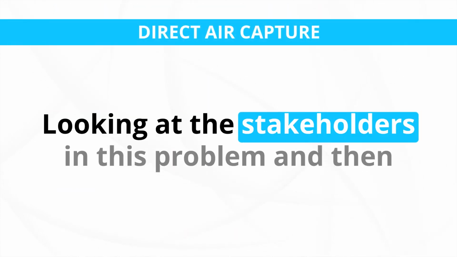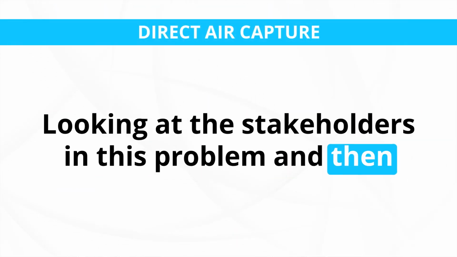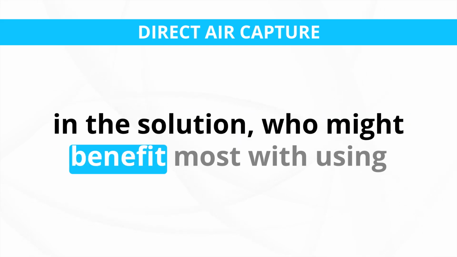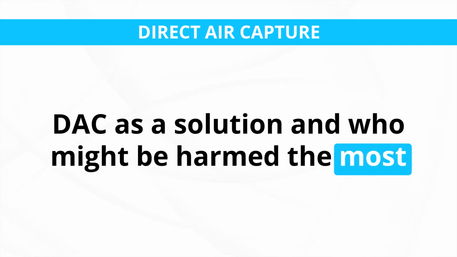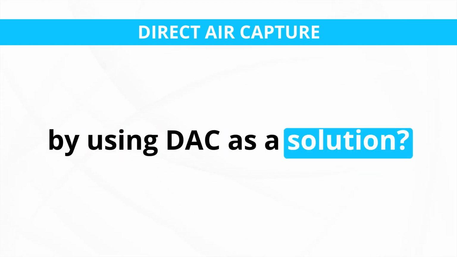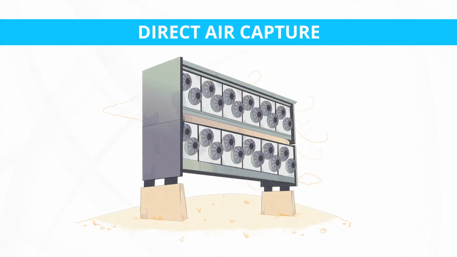Looking at the stakeholders in this problem and then the solution, who might benefit most with using DAC as a solution, and who might be harmed the most by using DAC as a solution? Theoretically, because of what I said about atmospheric mixing, if I draw a ton of CO2 out of the atmosphere in the United States, theoretically, that's a global ton that's been removed.